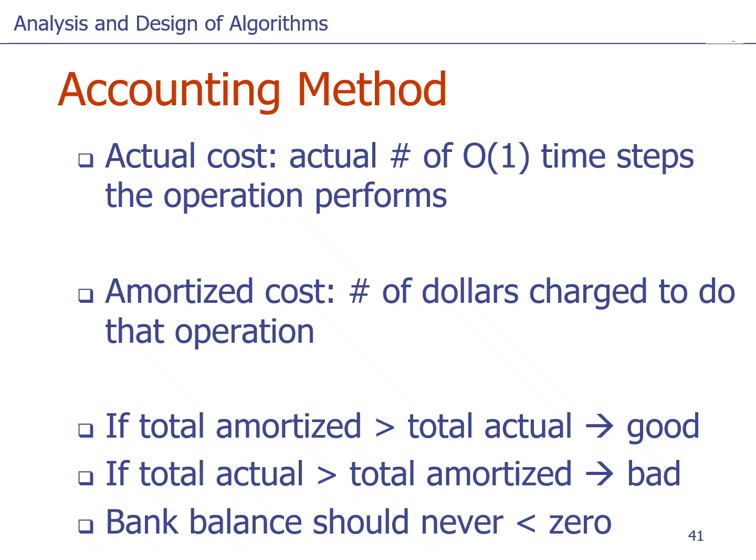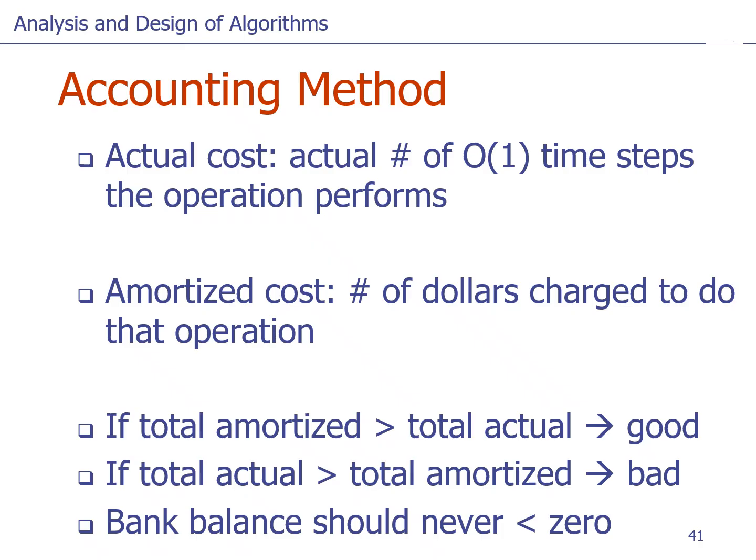Because if we can actually pay for what has been happening, this means that the fast operations are helping us by accumulating money in the bank. While the slow operation is taking money from the bank, the fast operation is taking less money from the bank. So there is a difference between the fast and the slow cost.